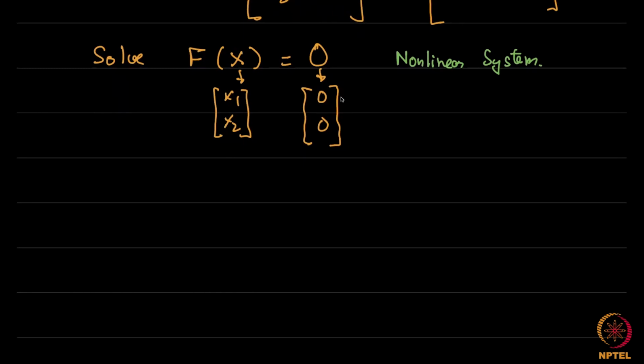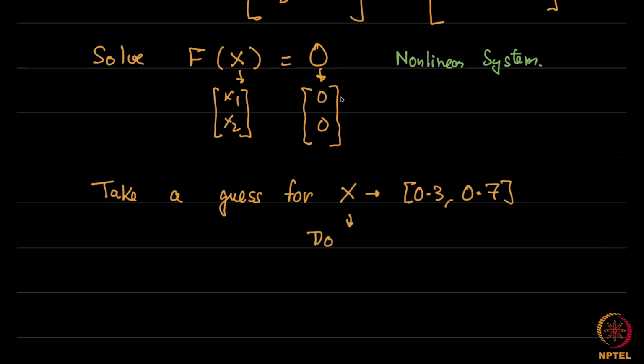So let's say we take a guess for X. Let's choose some guess, something like 0.3, 0.7. We will know immediately that it does not satisfy either f1 equal to 0 or f2 equal to 0.